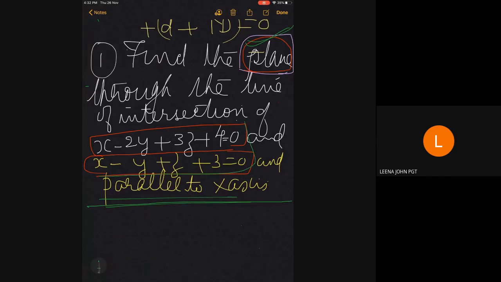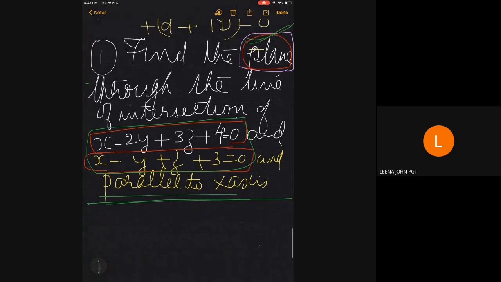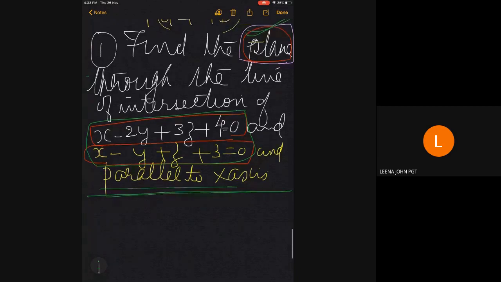That is, it is passing through the intersection of these two planes. There is a direct formula to write the family of planes passing through the intersection of two planes. So the first condition can be taken into account while you assume the equation of the required plane. After assuming the equation of the required plane, you apply the next condition on the assumed plane.